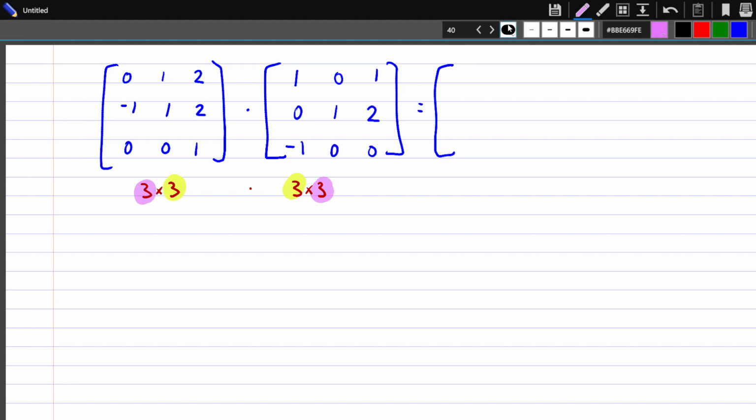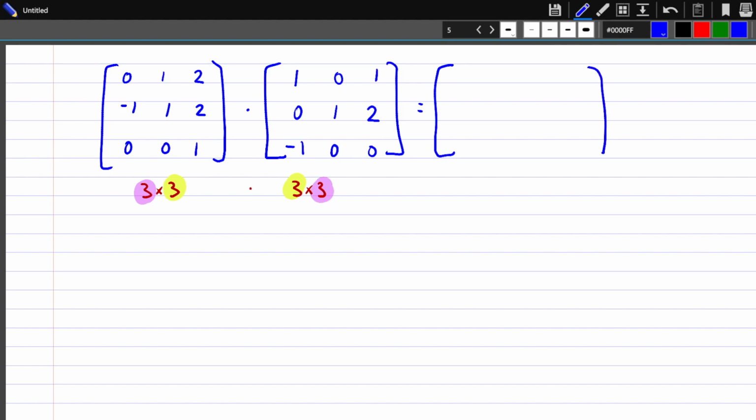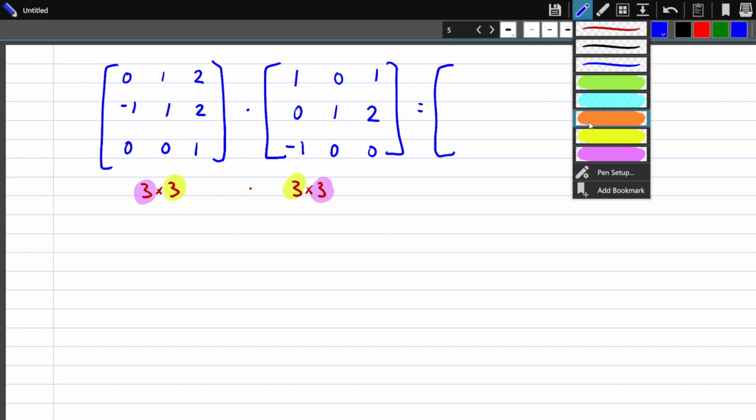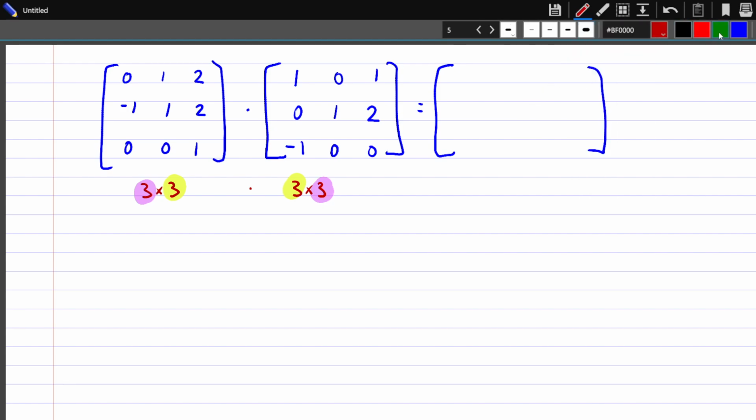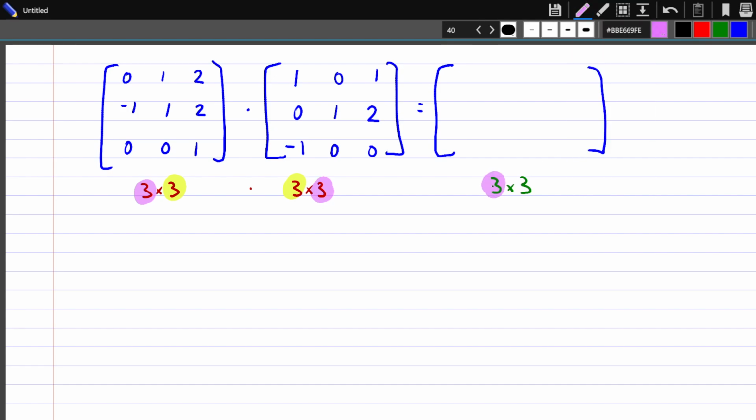Let's move on. The new matrix, give me a second to write down here that it will be 3 by 3. And that comes from the purple circles.